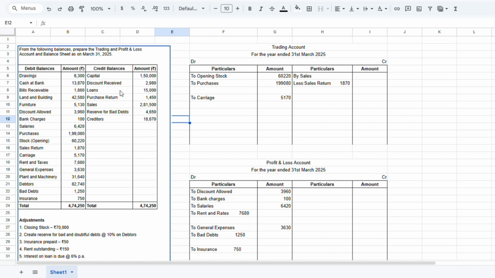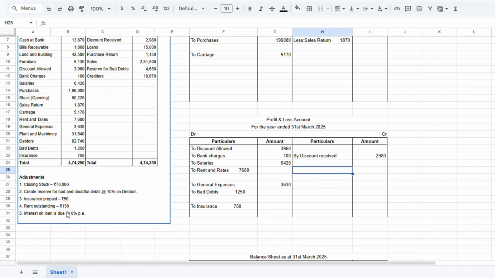Next, discount received. Discount received is income, because our supplier has given us discount and we have received the discount, meaning we have paid less. So profit and loss account credit side, by discount, that is 2,980.